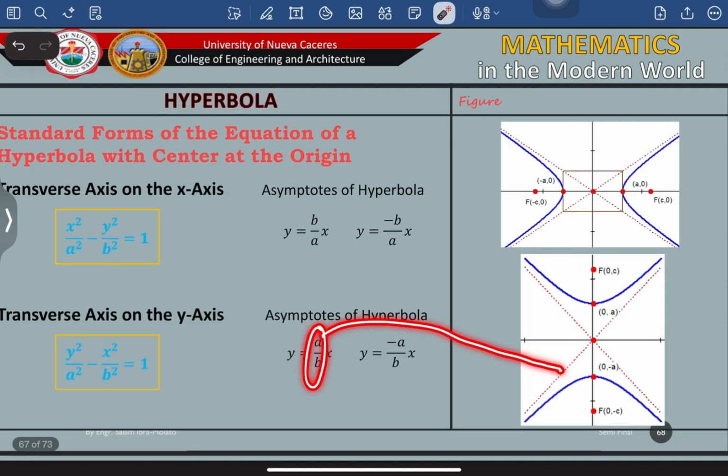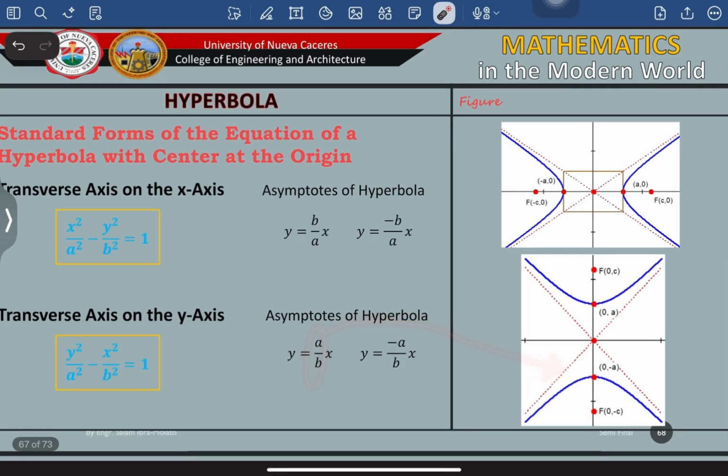Basically, it is only the slope of the asymptote. So, rise over run. Yung rise natin dito is a over the run. So, positive tong isa, asymptote. Then, negative naman to for this one.